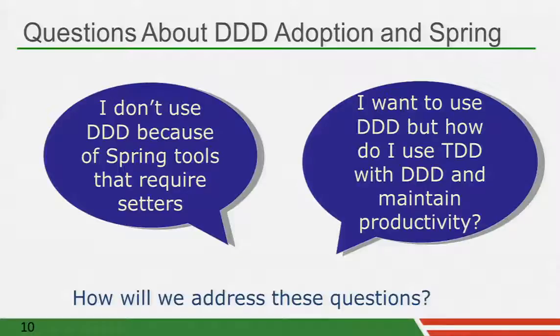Just like, sort of like what we saw. Another said, well, you know, I want to use DDD. I like it, but I also want to be productive. I want to use test-driven design. I want quality. So how do I use DDD with test-driven development and maintain productivity? So the question is, how will we address these questions?